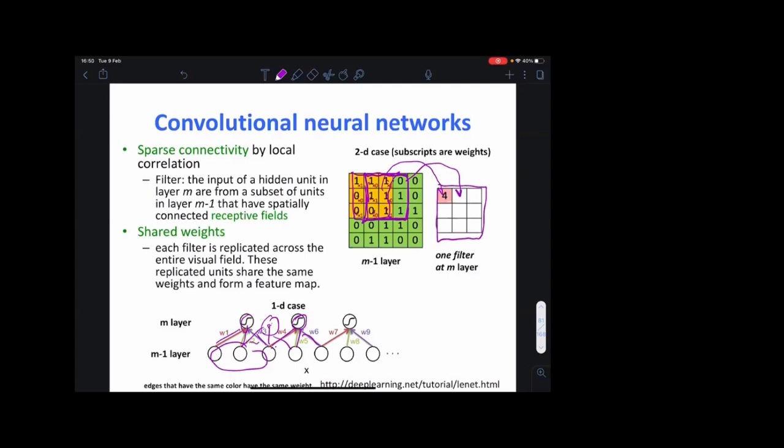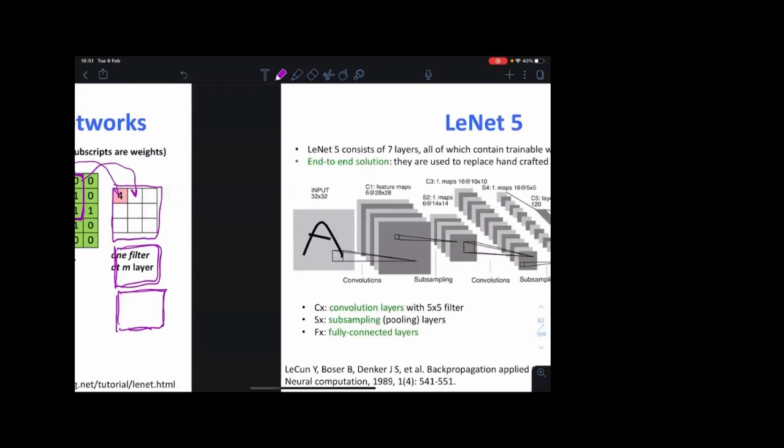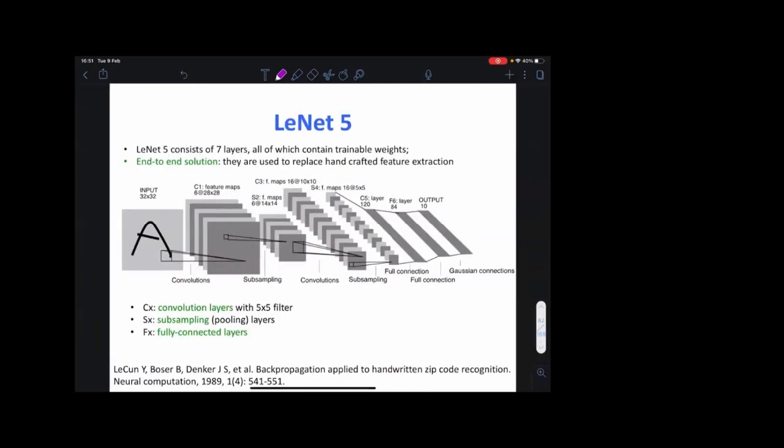The thing about this is that you can apply multiple filters with different weights, therefore creating different outputs, and each of them can be filtered again and put into the next layer. So this is the original convolutional neural nets idea, used to recognize zip codes, and it was very successful.